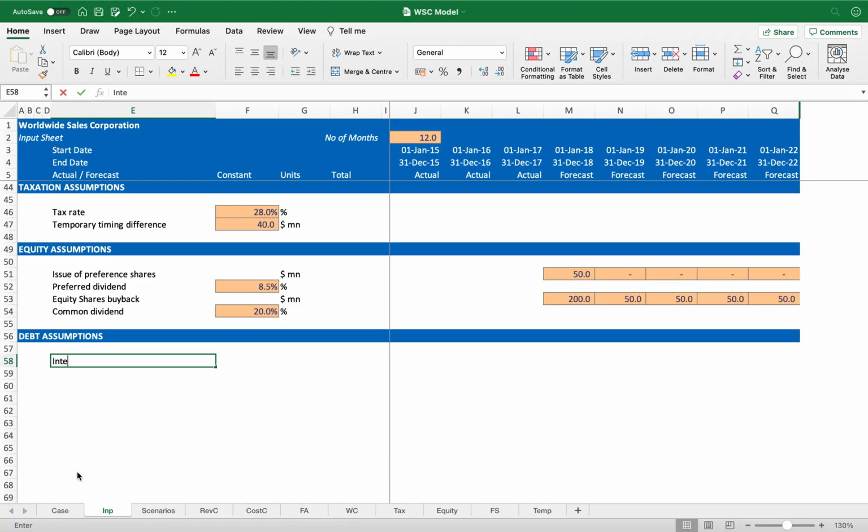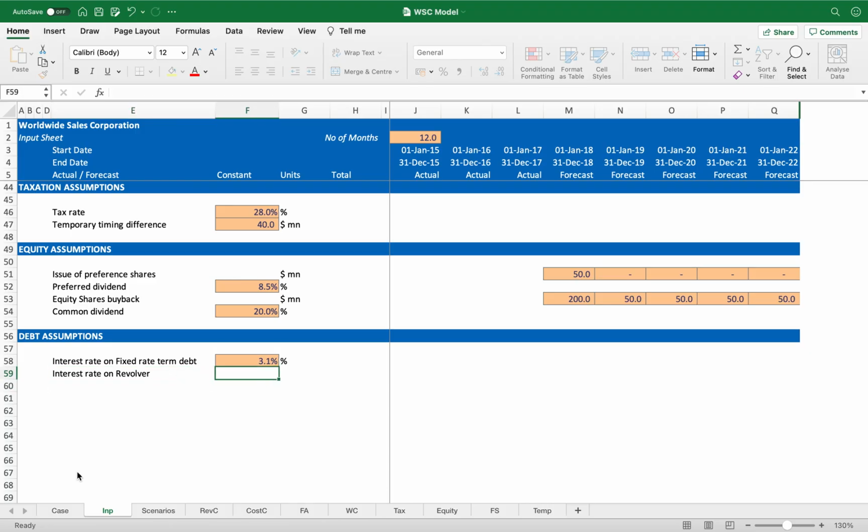Interest rate on fixed rate term loan or term debt. Now what is the interest rate? It was 3.1%. Right? Interest rate on fixed term debt was 3.1%. Interest rate on revolver, again 3.1%.